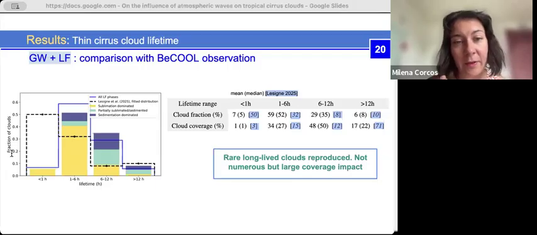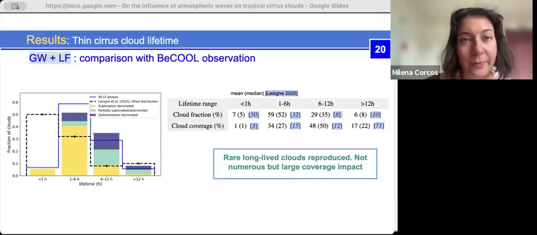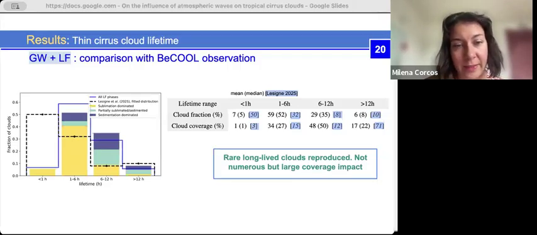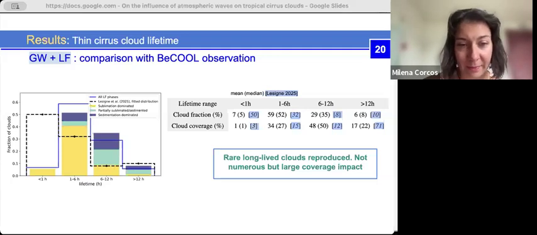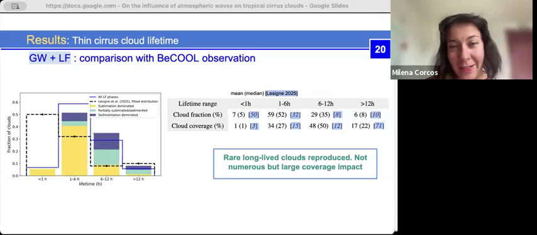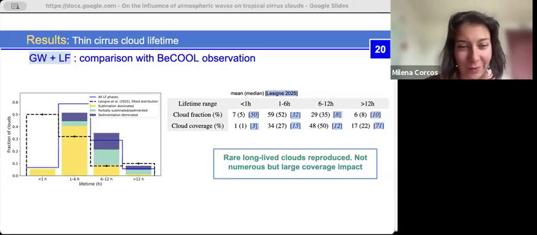This small, long-lived population is important because it contributes to around 22% of the total cloud coverage, as you can see on my table. And this agrees with the observational idea that the rare long-lived cirrus can have a disproportionate relative impact.